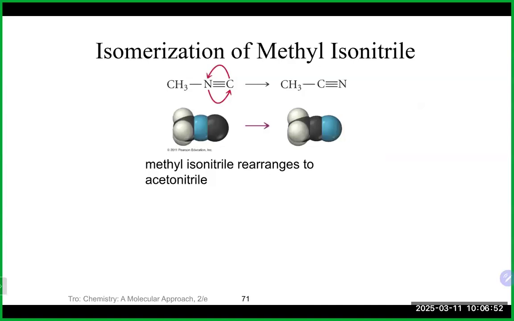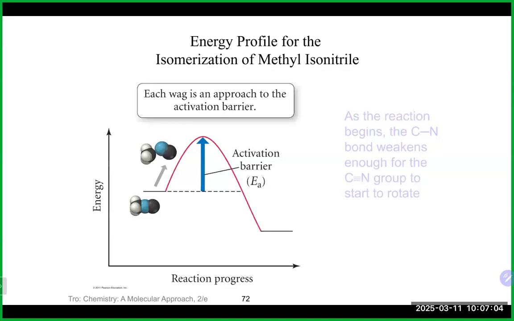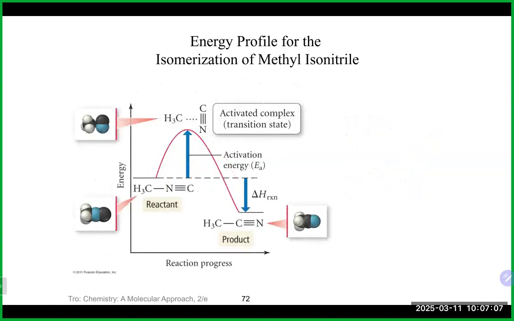And here we can see in this particular case, this molecule is going to rearrange. So they're going to swap places, and they do have to break bonds to do that. As it's going up, we start to see the bonds between nitrogen and carbon start to break, and we also start to get some new bonds forming as we come up to the top.